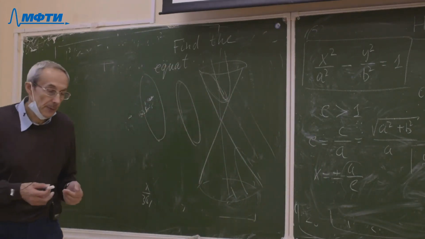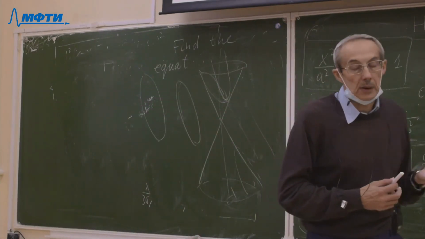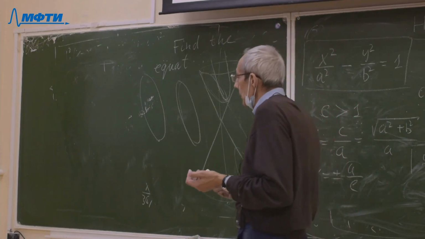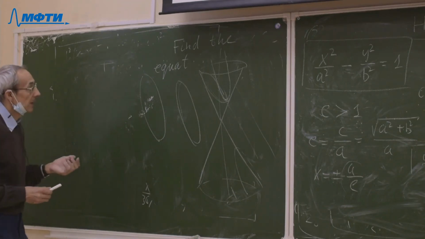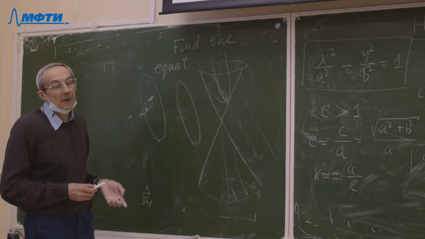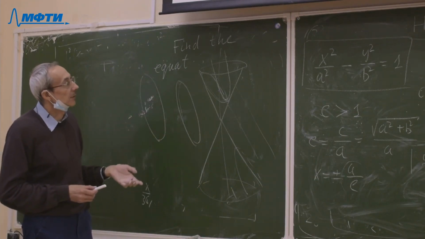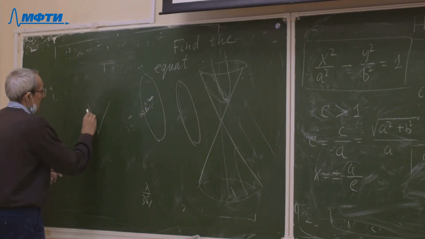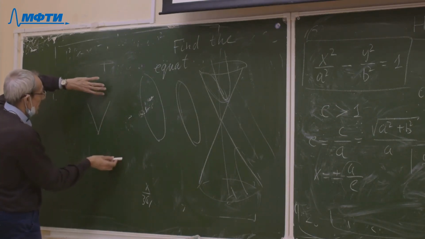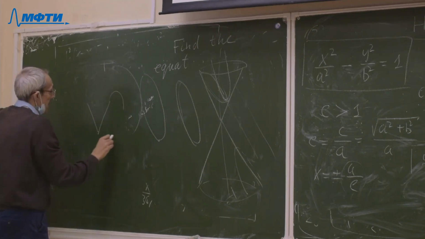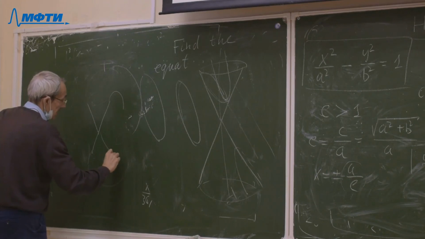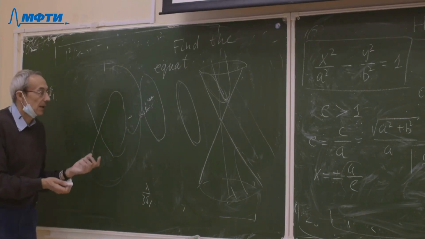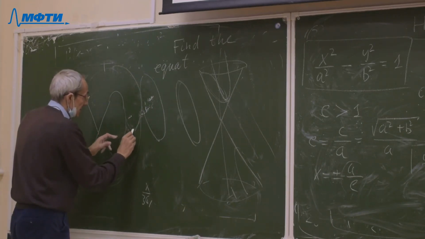From this point of view, we have rather one curve than three types. If we consider the point at infinity, these two parts of the hyperbola have some infinity.